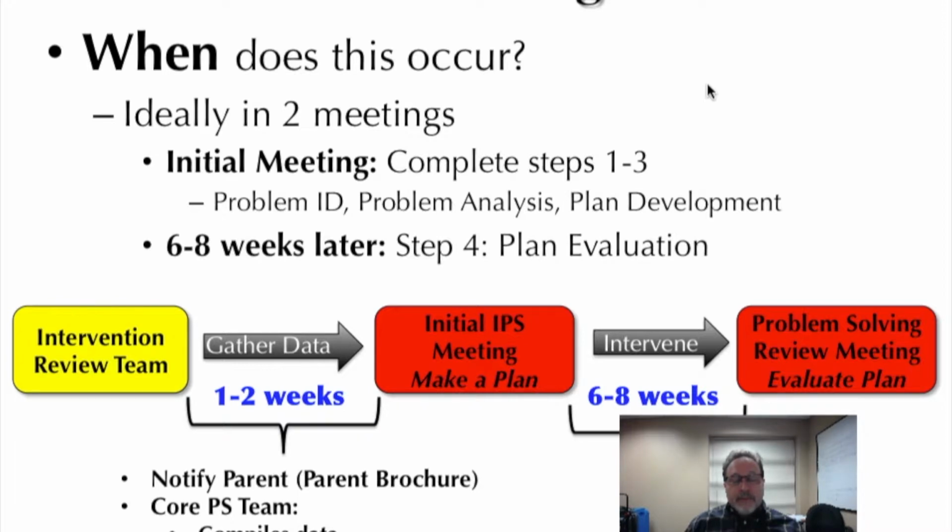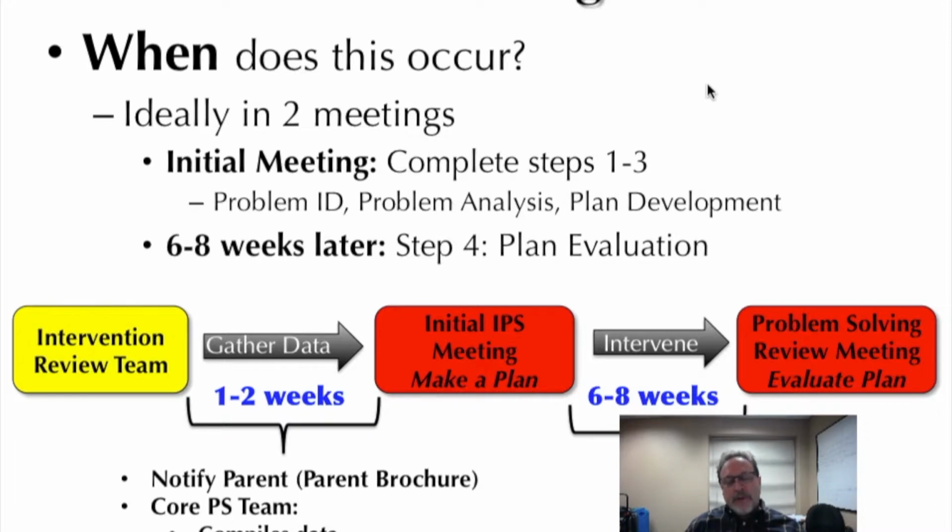And again, at that point, you're completing steps 1 through 3, which includes plan development. The plan is then implemented. You intervene, and those interventions typically go for 6 to 8 weeks. That is a time frame that's not just arbitrary, but really gives enough time for the intervention to be implemented and for long enough to yield results if it is going to be effective.